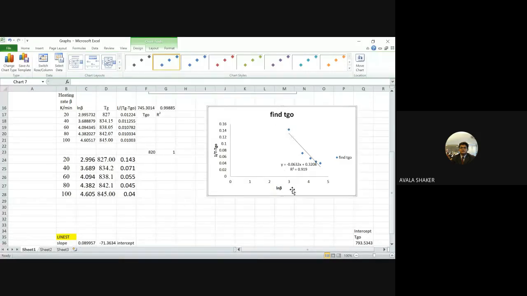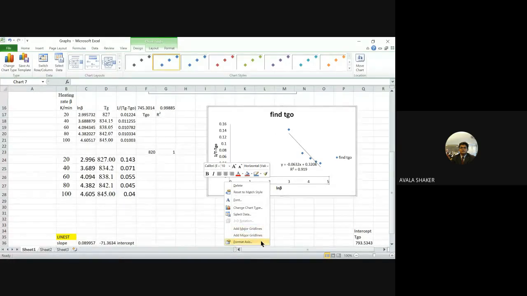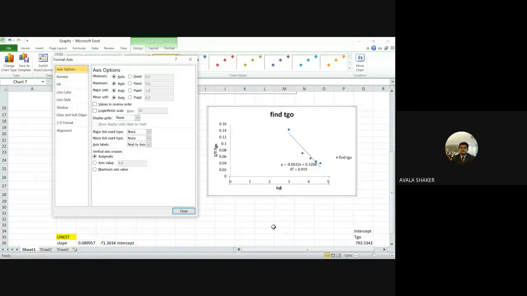It doesn't look very nice, right? In future, when you want to send these graphs to some journals, space is very precious, so you should not be wasting so much space where there's no data as such. So we'll say format axis.